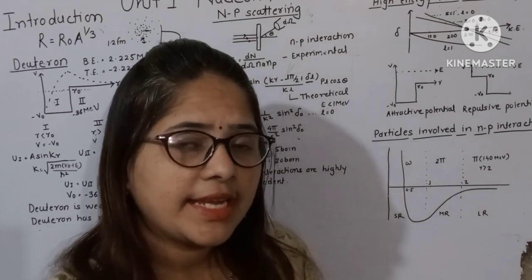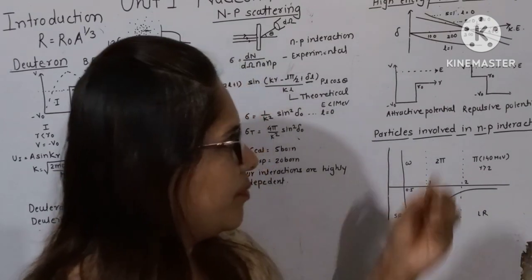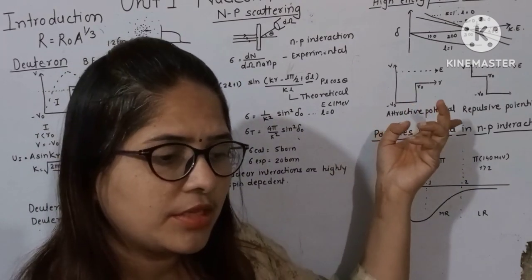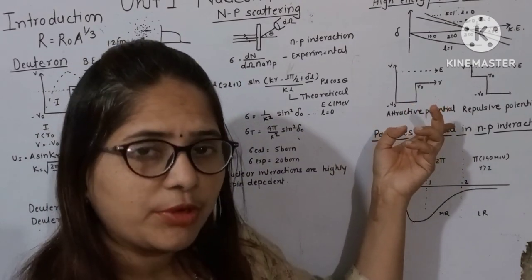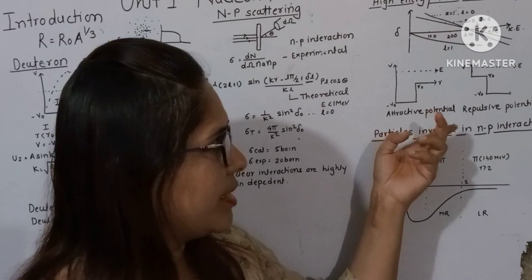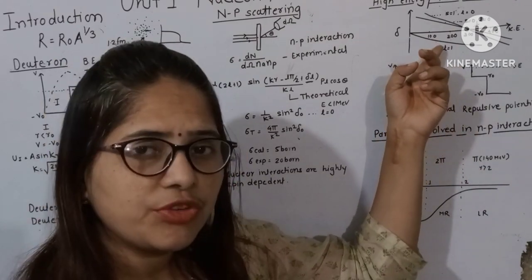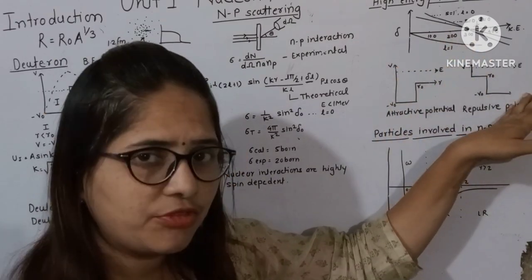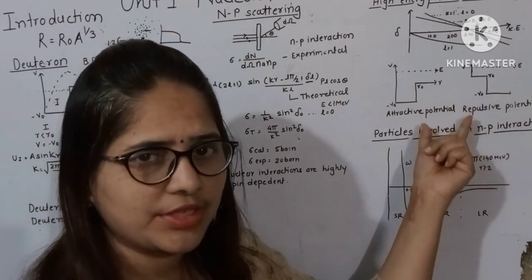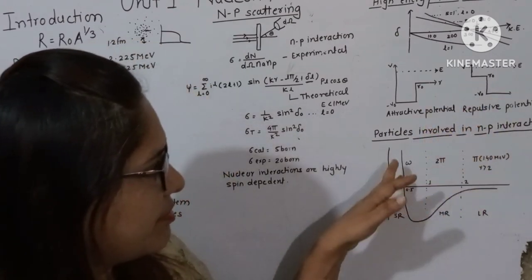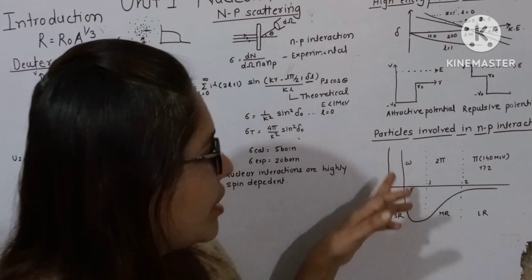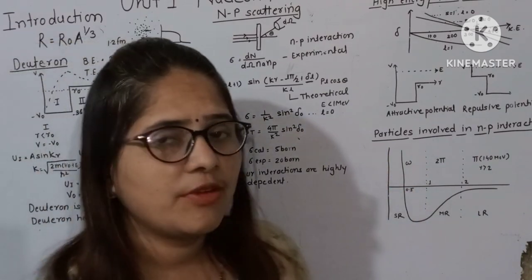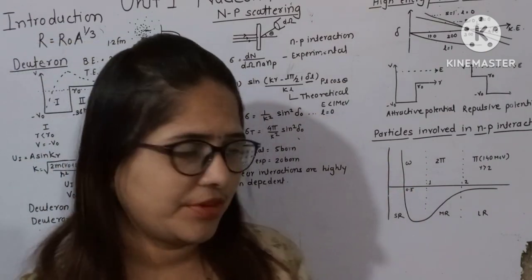It means that it is getting repelled. So by using these square well potentials, we have given the explanation of the positive phase shift delta and the negative phase shift delta. There are a few calculations over there, and then finally we have seen the particles involved in an NP interaction.